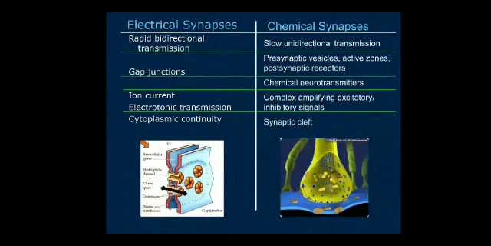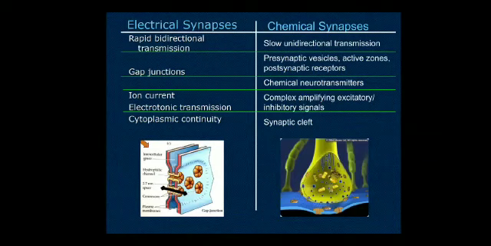This is the diagram showing the differences between the electrical synapses and the chemical synapses. Rapid bidirectional transmission occurs in electrical synapses, while in the chemical synapse it will be unidirectional. This is because of gap junctions in the electrical synapse, and this is because of the presynaptic and then postsynaptic neurons, with involvement of chemical transmitters in the chemical synapse.